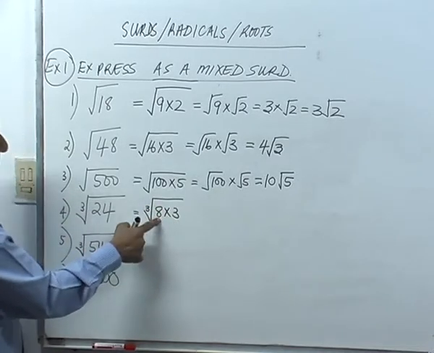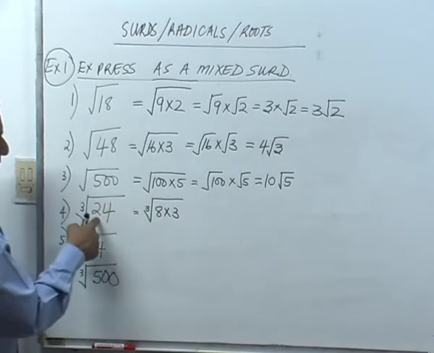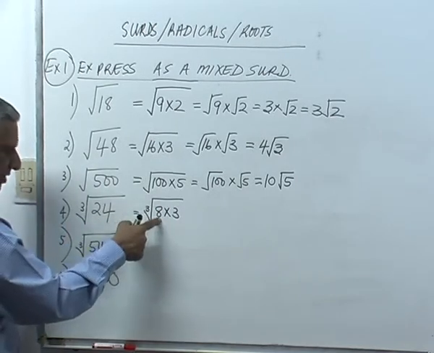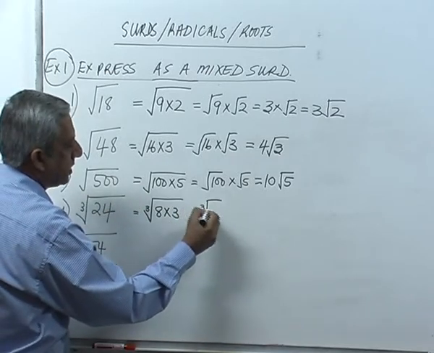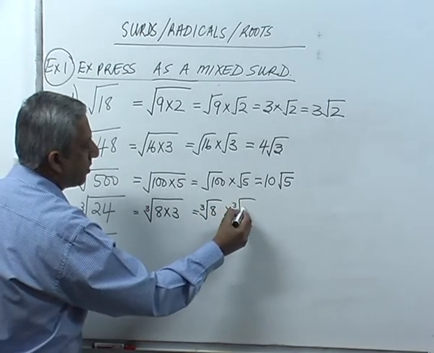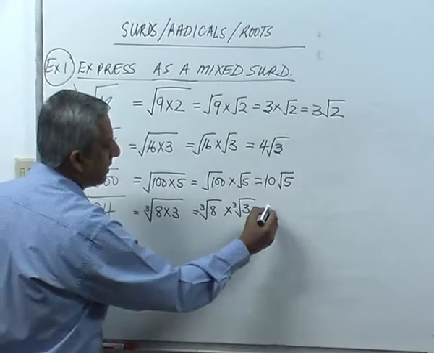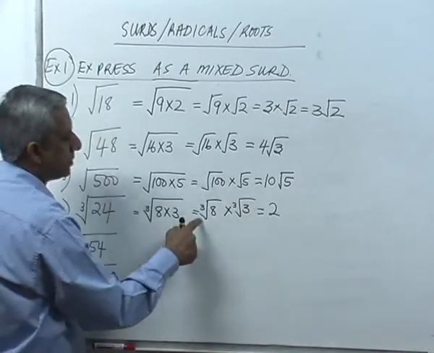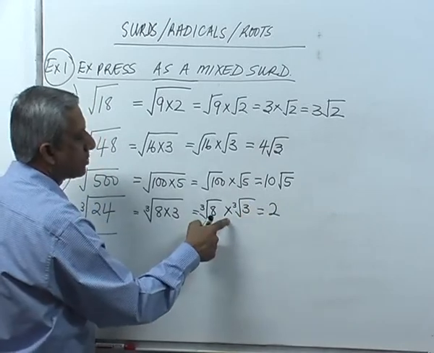You see, 8 is a perfect cube. So 8 times 3 gives you 24. And 8 is a perfect cube, so you break it up further. Cube root of 8 times cube root of 3. Cube root of 8, get your calculator to help you, it is 2. I don't have to write the times, it's understood.